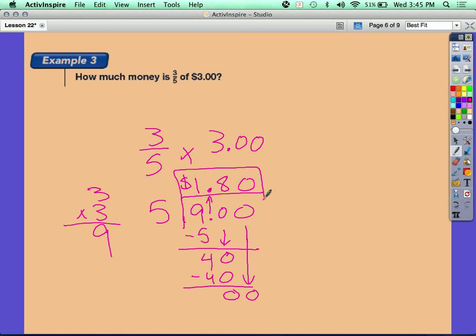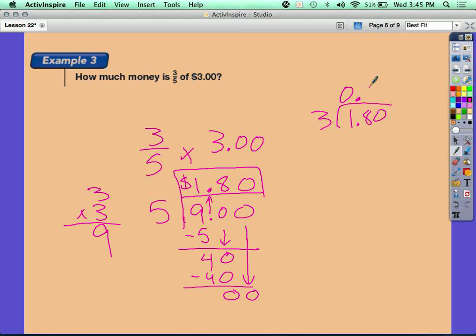Think about how you might want to check that. Well, if 3 parts of the whole is $1.80, and the whole is $3, that's 5 parts. Well, let's divide that 180 by 3. Bring my decimal point up.